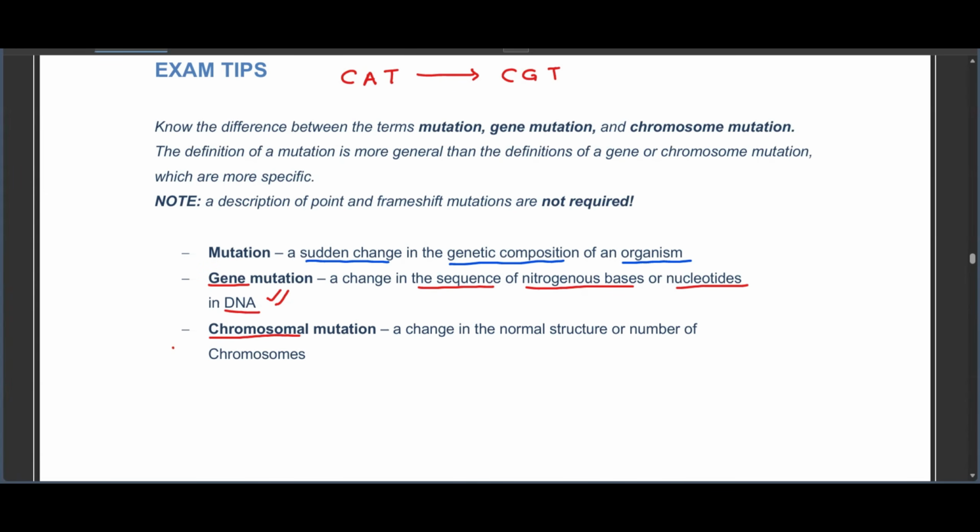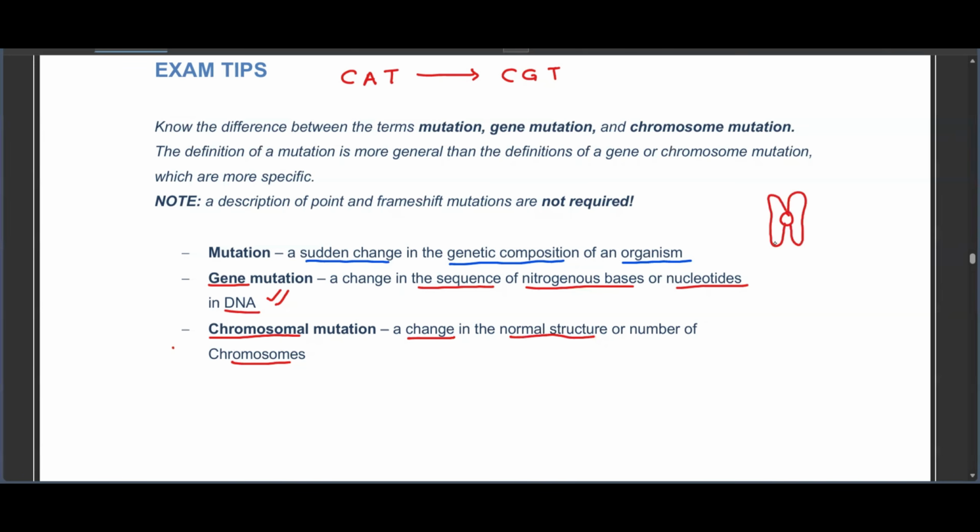We also have got a chromosomal mutation whereby there is a change. So it is all about a change. There is a change in the normal structure or in the number of chromosomes. So it can happen that the normal structure of your chromosome changes. Okay, if the chromosome is supposed to look like this, remember this chromosome, it is coding for particular characteristics in your body.